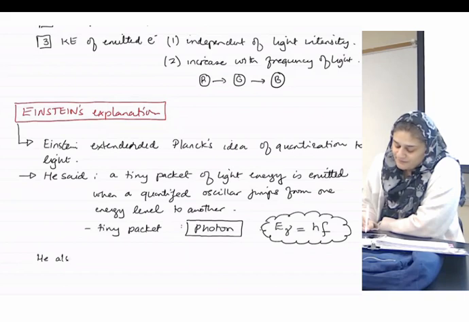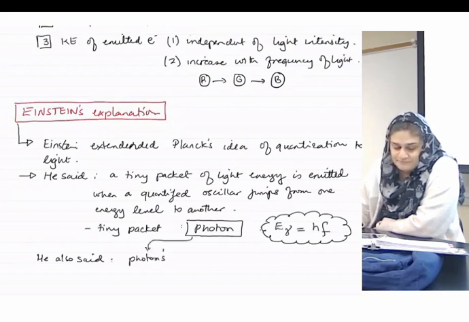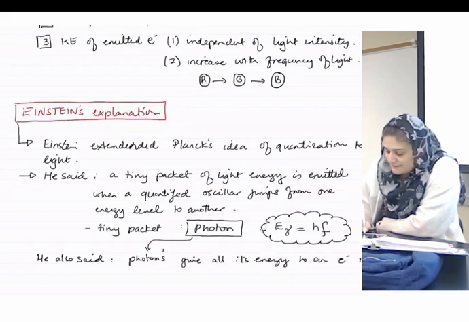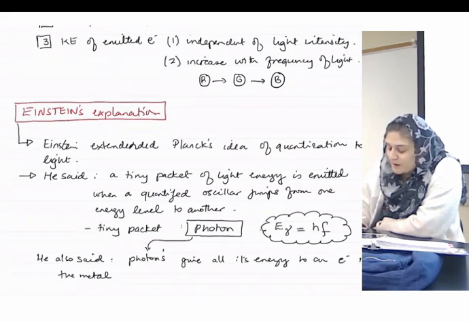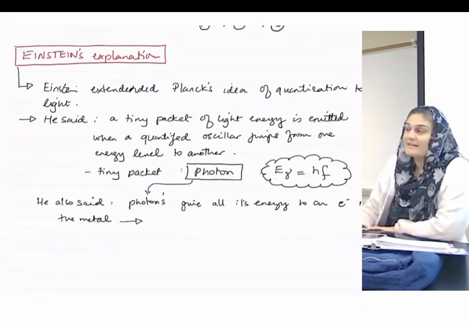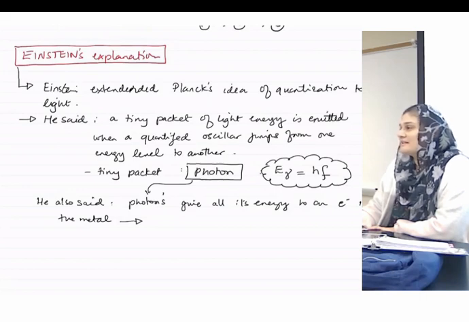Number two, he also said photons give all their energy to an electron in the metal, and part of it is overcome in liberation, and the rest of it is taken away as its kinetic energy.